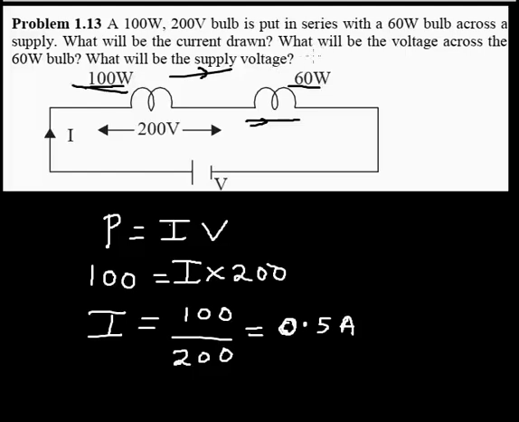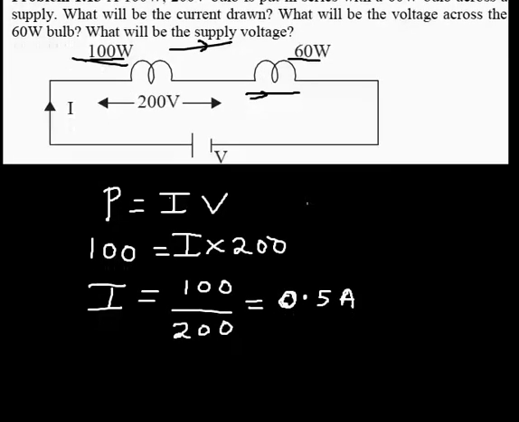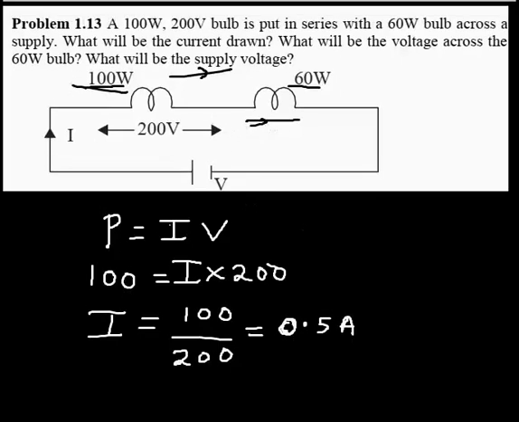Okay, the question is, what will be the voltage across the 60 watt? To get the voltage across the 60 watt, I need to get the resistance across the 60 watt. And I wasn't given the voltage that was supplied.